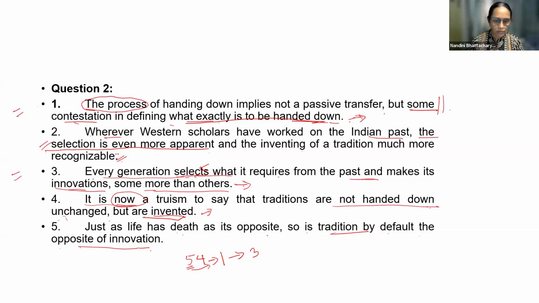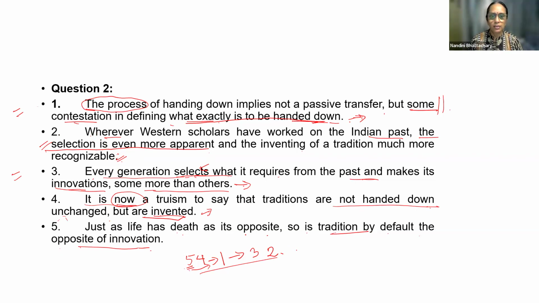What else do we have? Done. 4, 5, 4, 1, 3, 2. So once you have selected, what do you do? Read it in that order. So if we read it in this order, does it make sense?